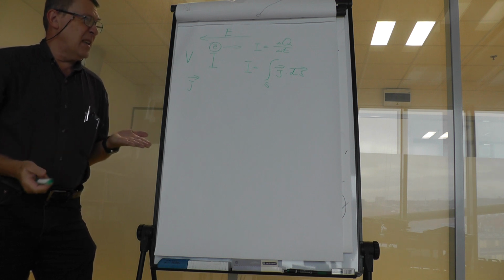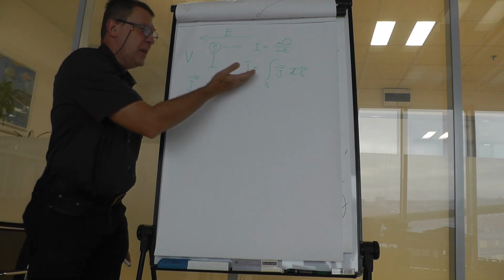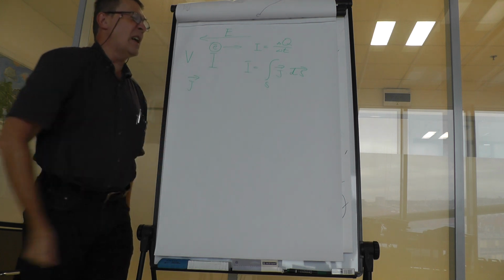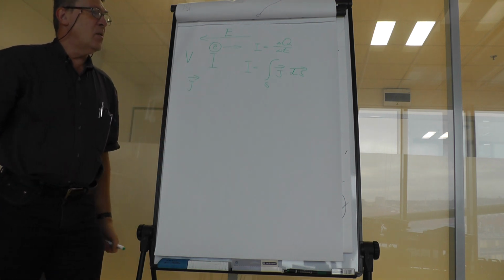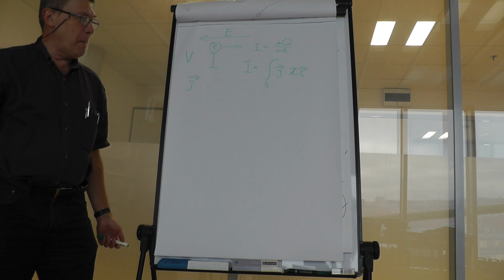So this is a kind of definition of the current and the flux density, which is called current density.